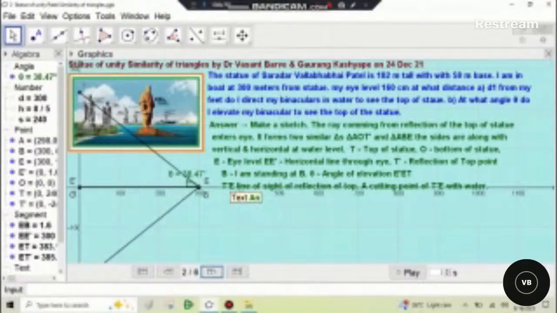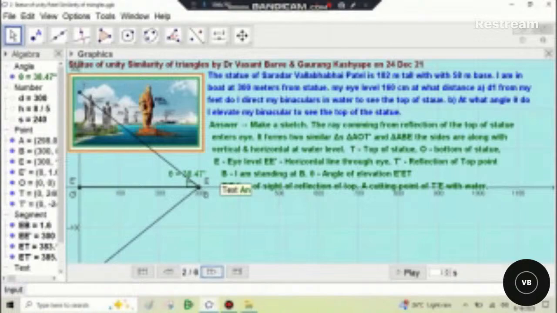The sides are along vertical and horizontal at water level. T is the top of the statue, O is the bottom of the statue, E is the eye level, EE dash is the horizontal line through eye.